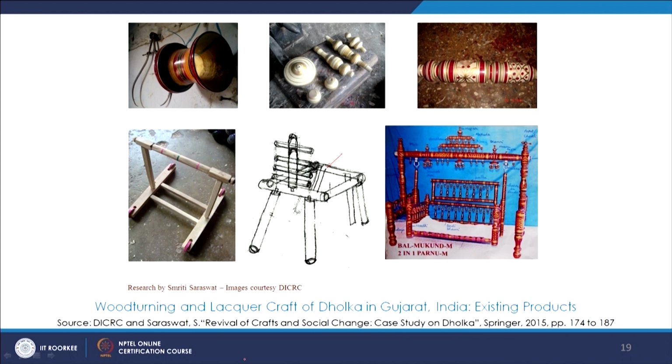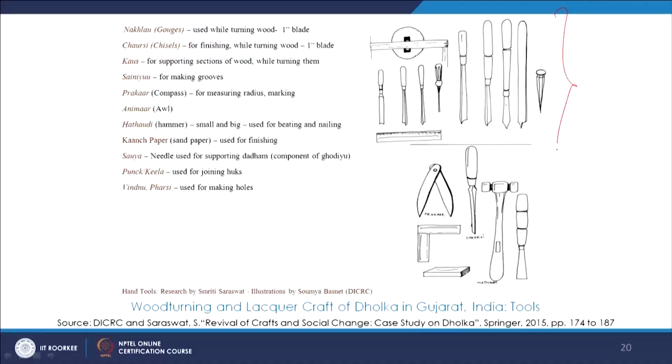And another thing was, as I told, any kind of intervention with the technical know-how or technology which could improve the efficiency and the production, and it was recorded how the production increased because of that intervention. So all these documentation files were made. Even the tools were documented, what are the hand tools, like I told.